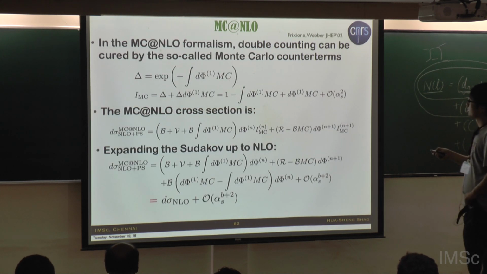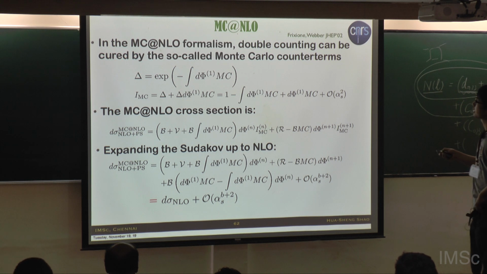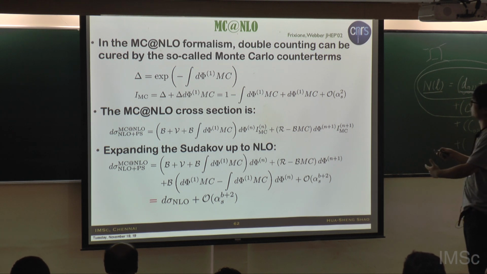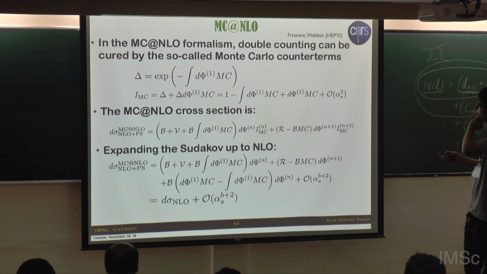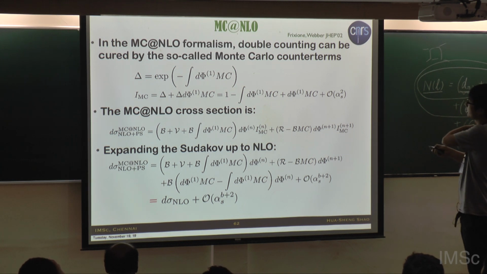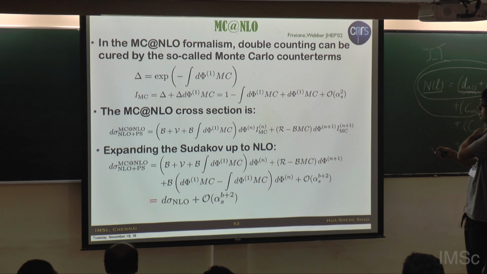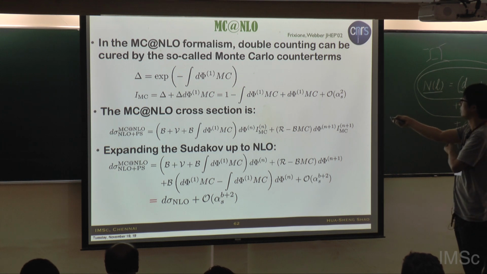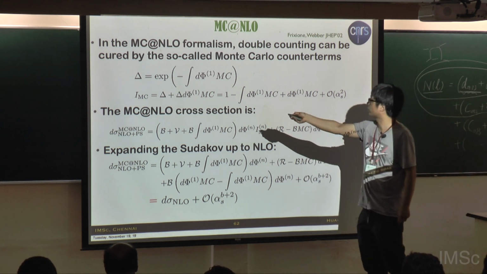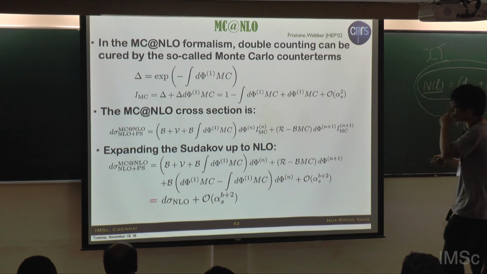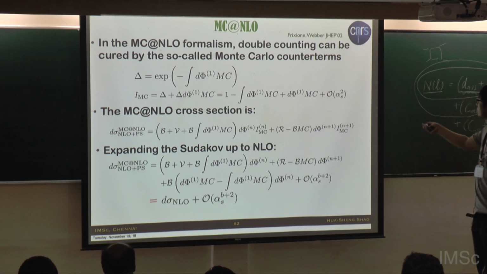So what can you do? Let's see that in the MC@NLO formalism; there are two ways, one MC@NLO and one POWHEG. In the MC@NLO formalism, double counting can be cured by just using the Monte Carlo counterterms, assuming your splitting kernel is this. And then you expand your shower operators to order alpha S, neglecting alpha squared.